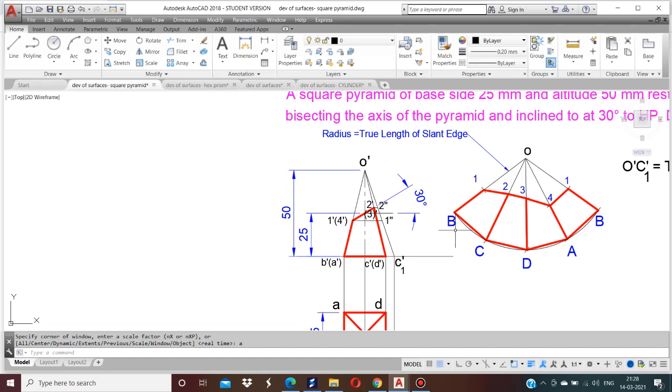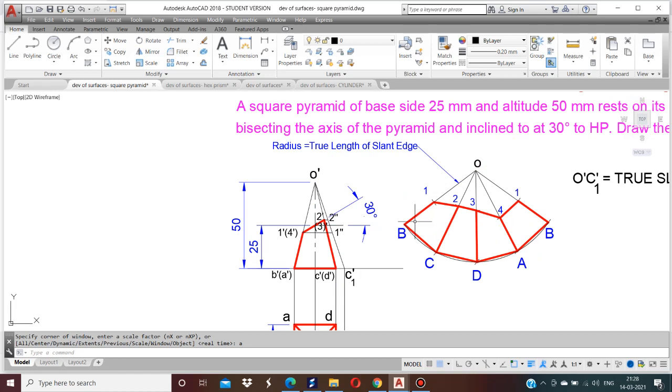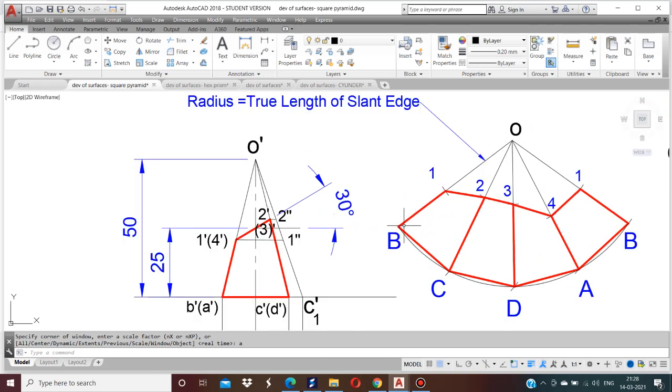Now, with OB as radius and O as center, draw an arc. Since the side is given as 25 mm, measure 25 mm in the compass.